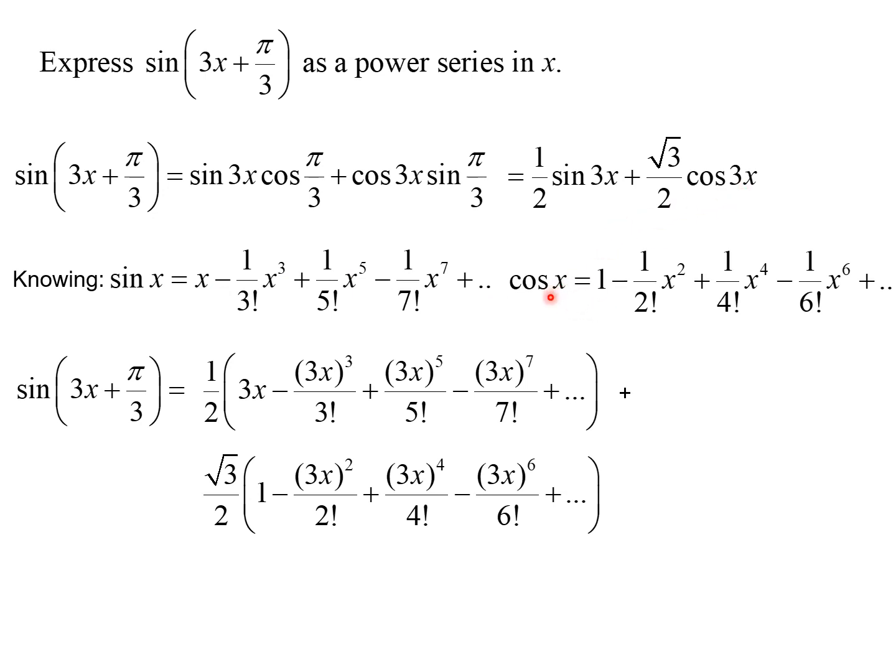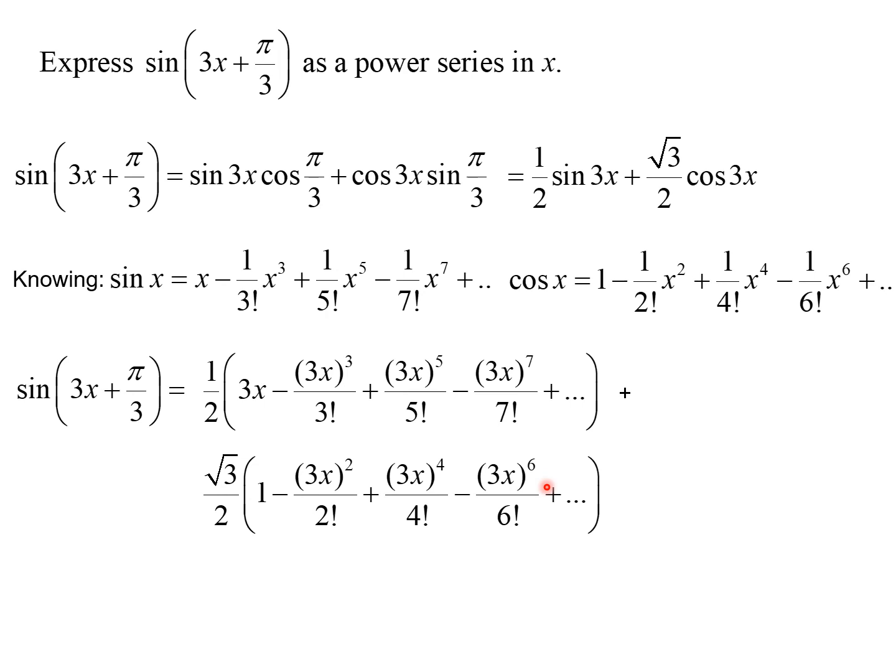So substitute x with 3x. So it is root 3 over 2 multiplied by 1 minus 1 over 2 factorial, the x squared here becomes 3x squared. x power 4 becomes 3x power 4, x power 6 is 3x power 6.